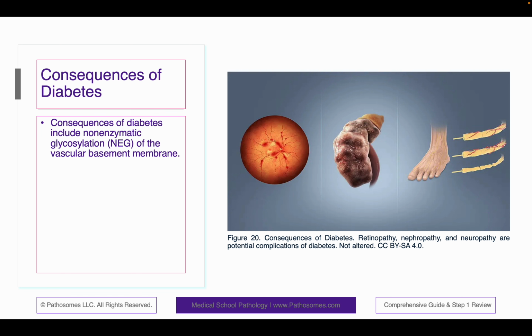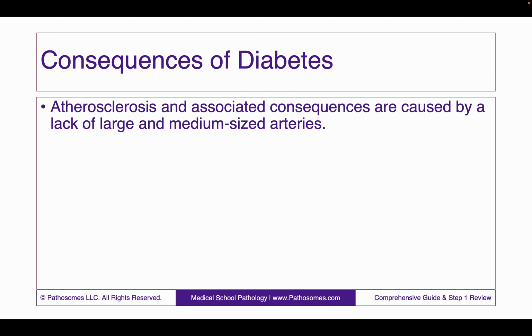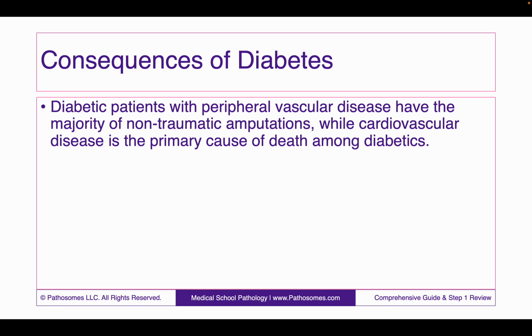Consequences of diabetes include non-enzymatic glycosylation of the vascular basement membrane. Also, atherosclerosis and associated consequences are caused by this in large and medium-sized arteries. Diabetic patients with peripheral vascular disease have the majority of non-traumatic amputations, while cardiovascular disease is the primary cause of death among diabetics, right? That's what that prior slide was getting at.